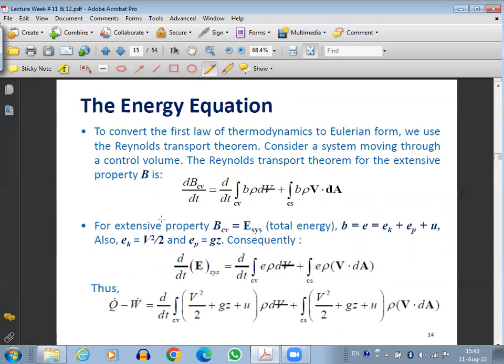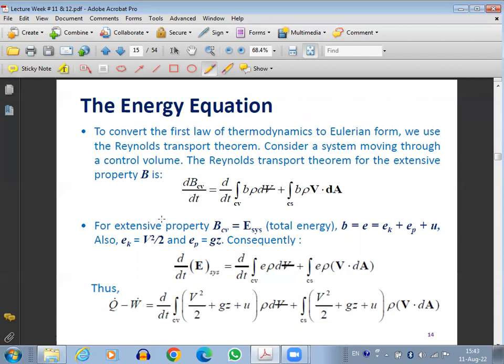And I told you at that time, when we were developing the Reynolds transport theorem in chapter number 5, that we will use it in chapters 5, 6 and 7. In chapter number 5, we used it for the continuity equation. In chapter number 6, we used it for the momentum principle. And now in chapter number 7, we are going to use it for the energy principle.